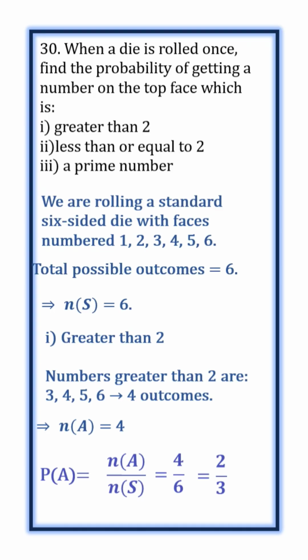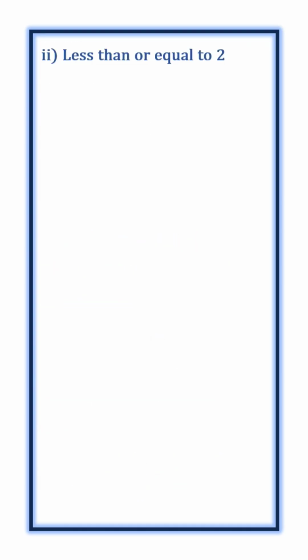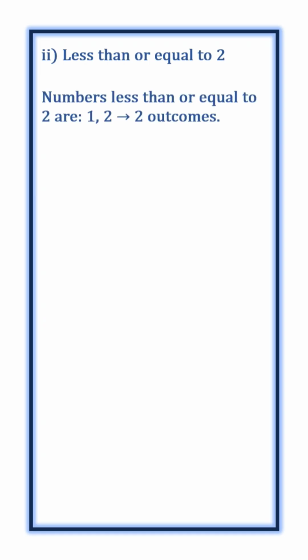The second one is to find the probability of a number lesser than or equal to 2. Numbers lesser than or equal to 2 are 1 and 2, means 2 outcomes. So number of B is 2.